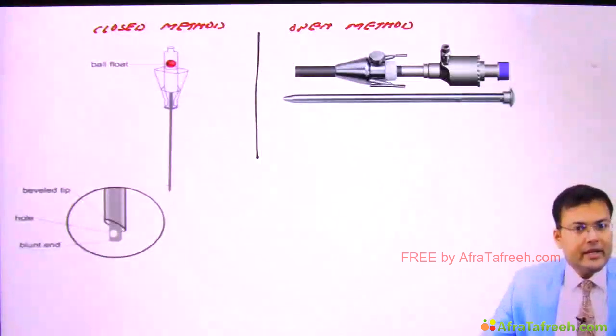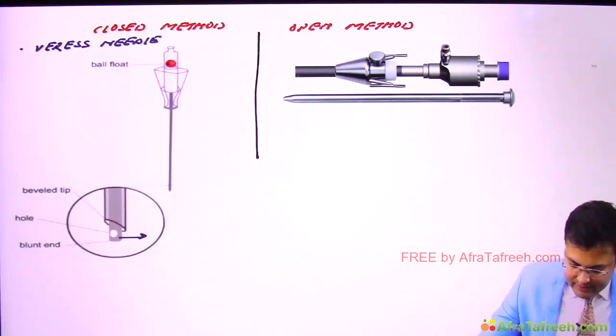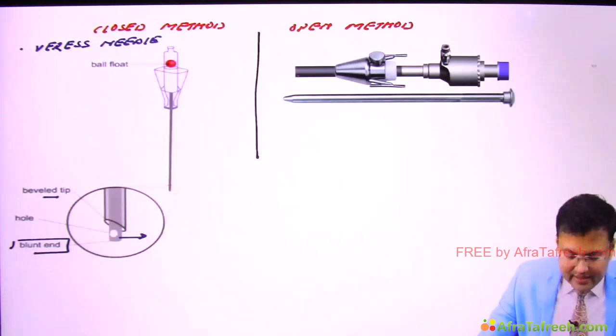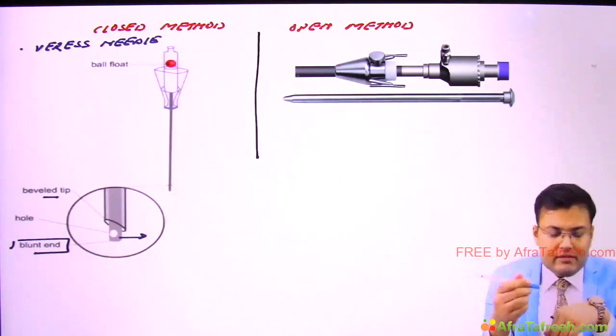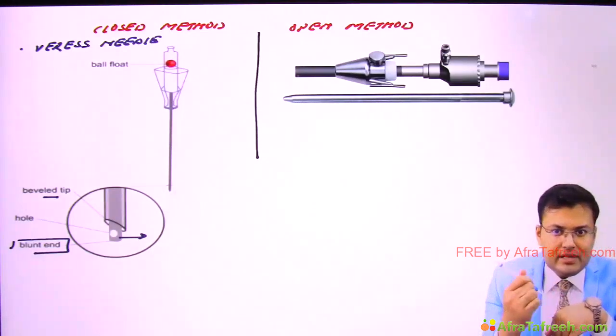Here you can see in closed method we are using Veress needle, and we discussed that in Veress needle there is a safety valve at the tip. It has a bevel tip with blunt end, and because of this safety valve, whenever we are creating the pneumoperitoneum, if bowel comes in contact, the injury is prevented.